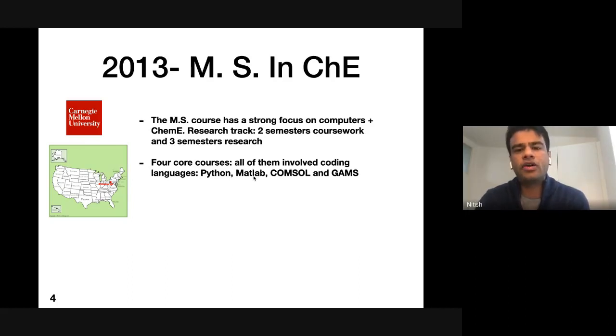Then we had a course on mathematical modeling in chemical engineering, where we used MATLAB as the main language. Then we had a course on transport phenomena, where we used COMSOL. And then we also had a course on process optimization, which was essentially solving a lot of linear or nonlinear equations to try and find local or global minima. And for that, we used software called GAMS.